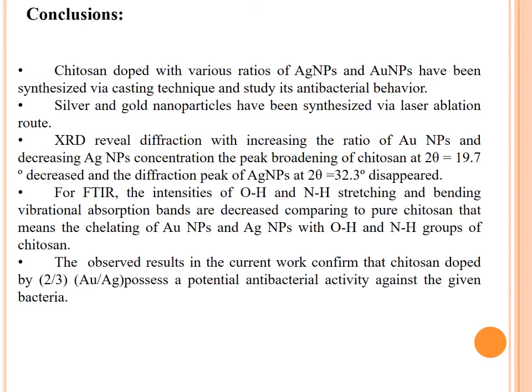From X-ray diffraction, with the increase of the ratio of gold nanoparticles and decrease in silver nanoparticles concentration, the broadening of the chitosan peak at 2 theta equal 19.6 decreased, and the diffraction peak of silver nanoparticles at 2 theta equal 32.3 disappeared. For FTIR, the intensity of OH and NH stretching and bending vibration absorption bands are decreased compared to pure chitosan. That means the chelating of gold and silver nanoparticles with OH and NH groups.